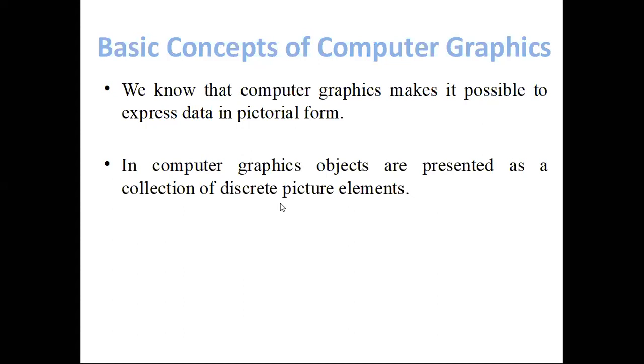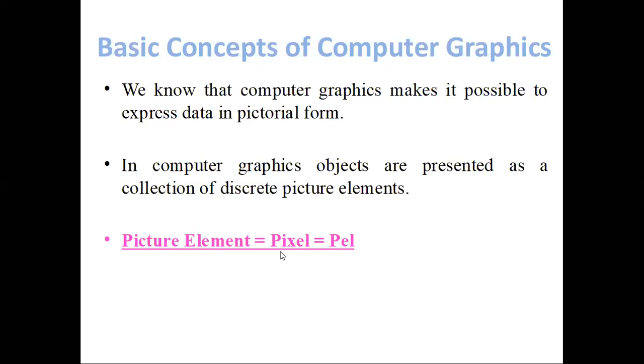In between those 2 points we have to draw the line, and that line is nothing but a collection of small or discrete pixels. Each and every pixel we join, so that we can visualize a line on the output screen.